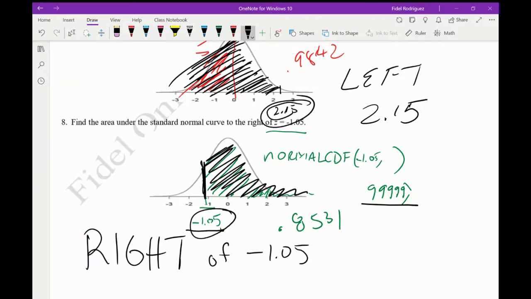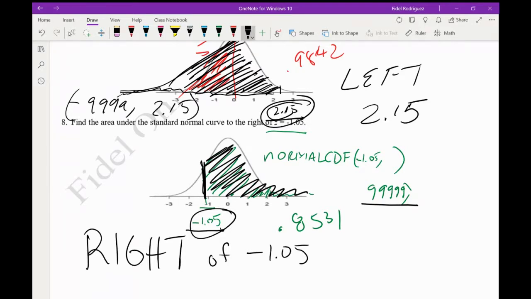That's the reason why I'm having to go from the negative 1.05 to the ton of nines, compared to the negative 9999 and 2.15, because I'm starting off all the way over here, and this is where I stop, right? Does that make any sense on how I was able to figure that part out? Yes, thank you. Yeah, we're good.